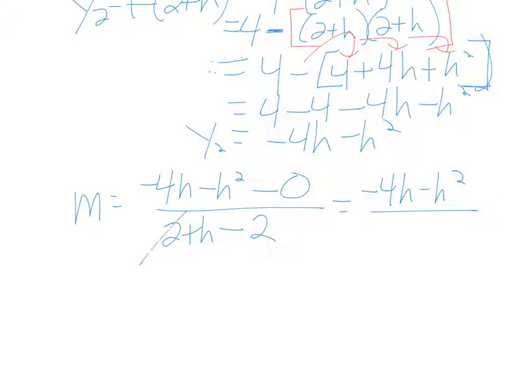On the bottom, the 2's would cancel, and I just have h. And then there are h's in common in all three terms. If every term that you have divides by something, you can go ahead and divide it out. I couldn't do it if it was just 2 of the 3. So when I divide out the h's, I'm left with negative 4 minus h. And so that's the average rate of change.